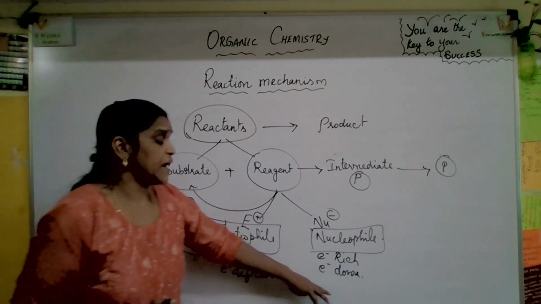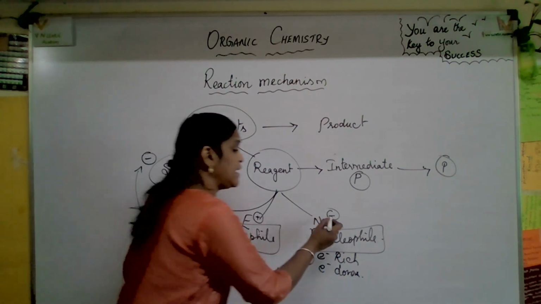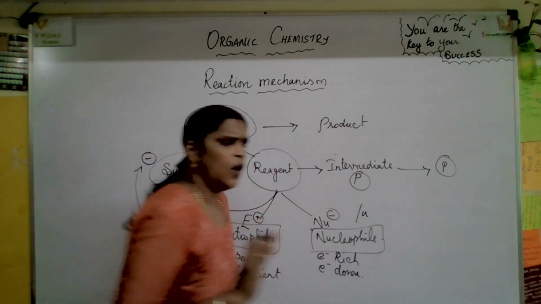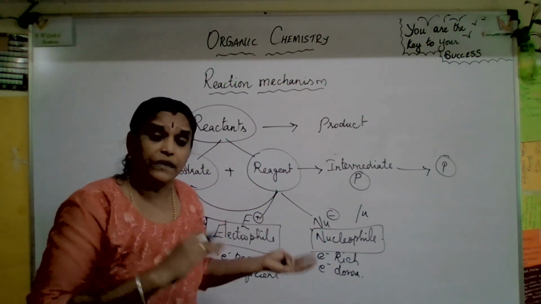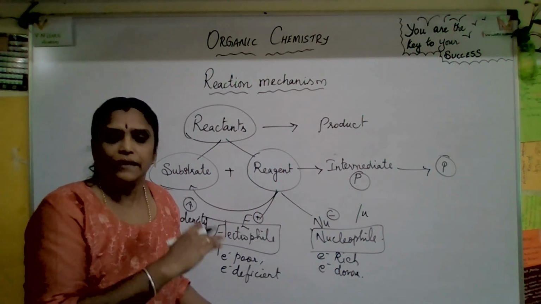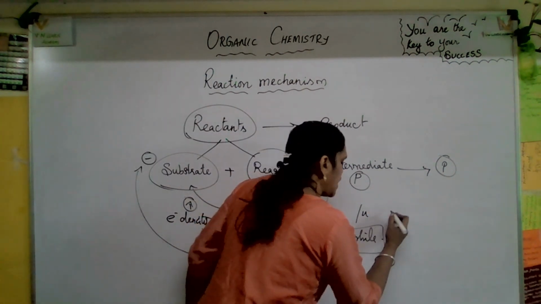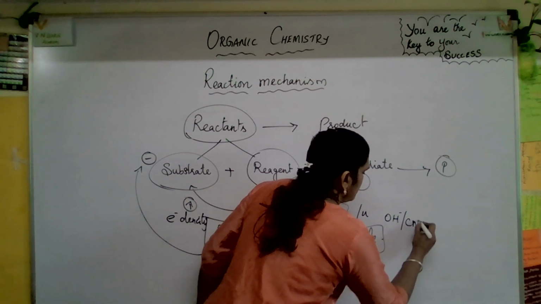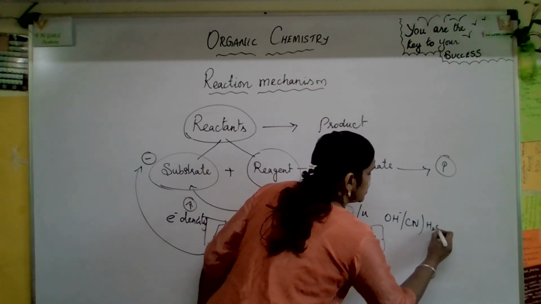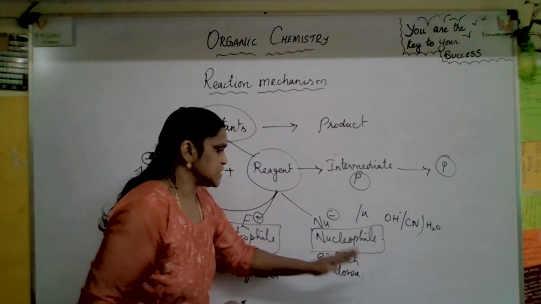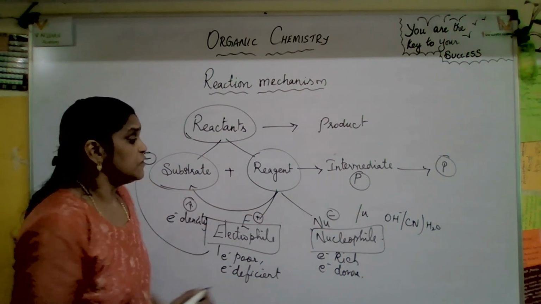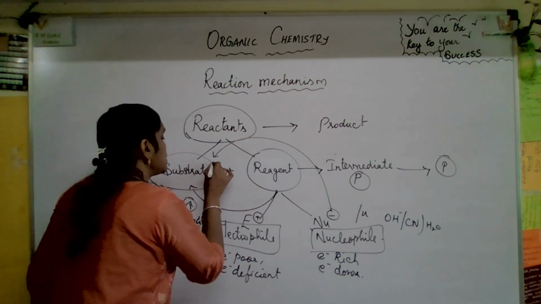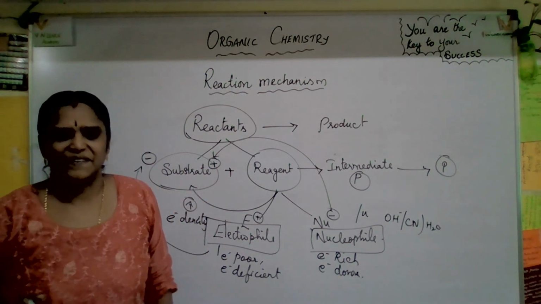Now, next one, nucleophile. Nucleophile is a negative charge or neutral. As we are talking about the nucleophile, negative charge or neutral, I'll give examples: OH minus, CN minus, and H2O, which is a neutral molecule. So this negative charge is going to attack the substrate where there is a positive particle.